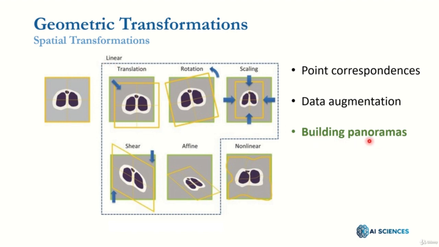It turns out that building these panoramas requires both how to come up with point correspondences, as well as how to transform the images into a common space to stitch all the images together. And there are a lot of other benefits as well.